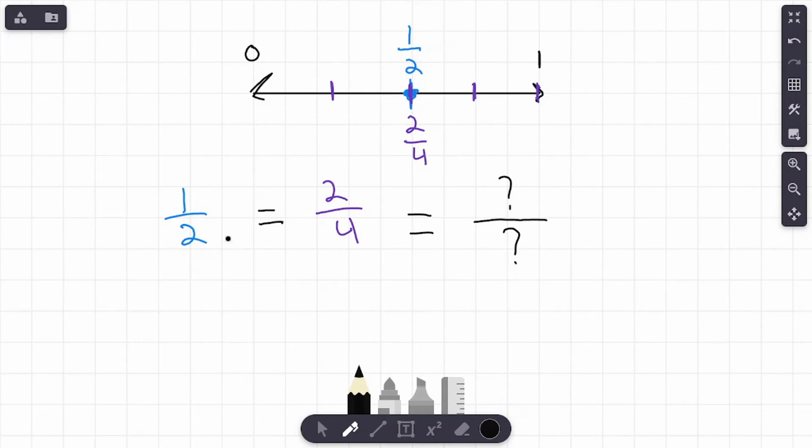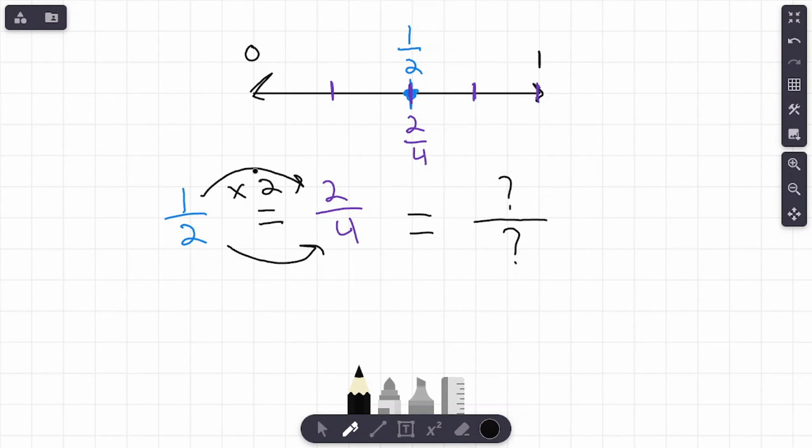But before we did that, I was pointing out to you how we can relate equivalent fractions to each other. And we can do that by multiplying or dividing our fractions. In this case, my question for you was, how does 1 become this 2? How does this numerator of 1 become a numerator of 2? Well, we're going to multiply 1 times 2, because 1 times 2 equals 2.